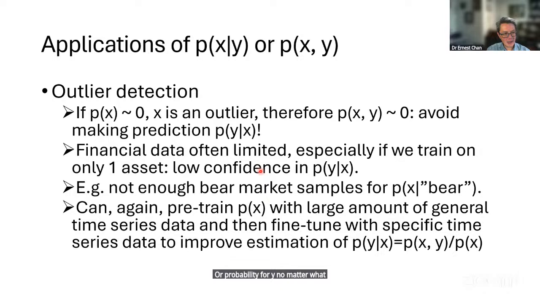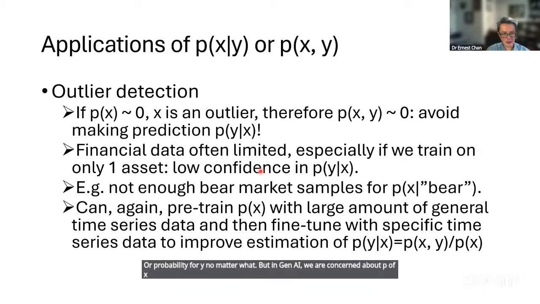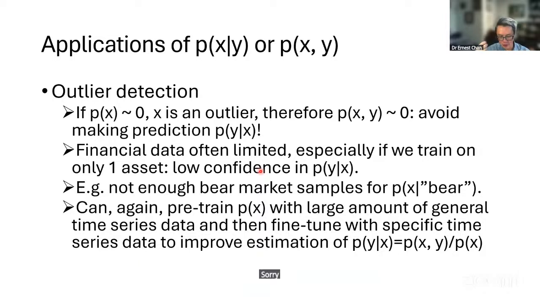But in GenAI, we are concerned about P of X too. We are concerned about P of X, and we are concerned about P of X and Y. So if P of X is nearly zero, that means, sorry, but you have not trained your model on these kinds of outliers. Well, P of X and Y will be close to zero.